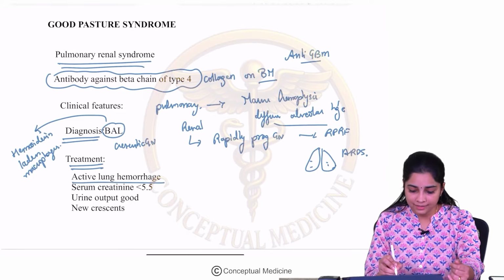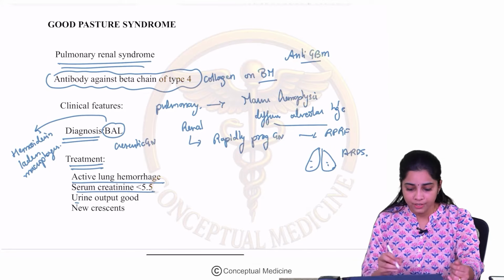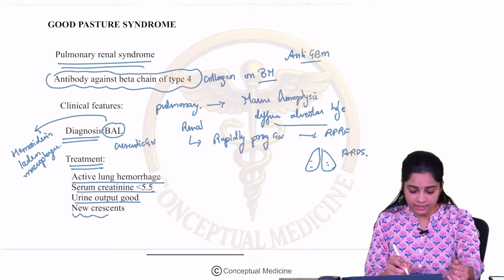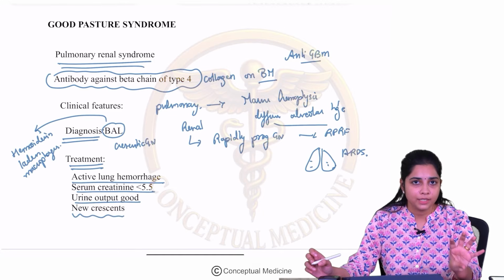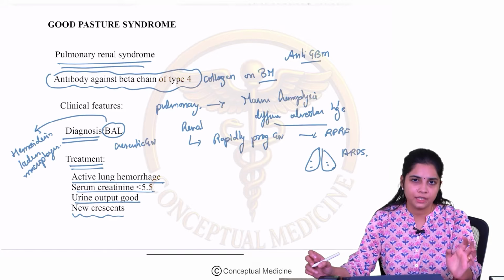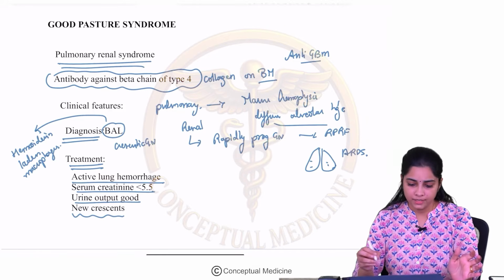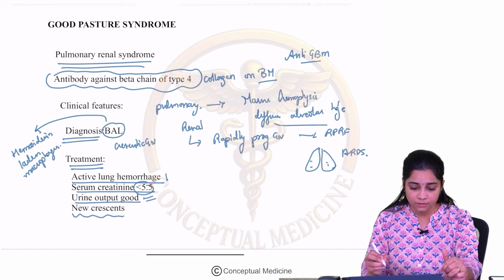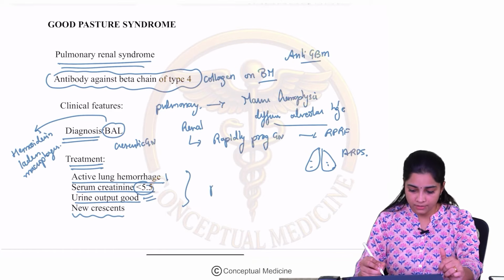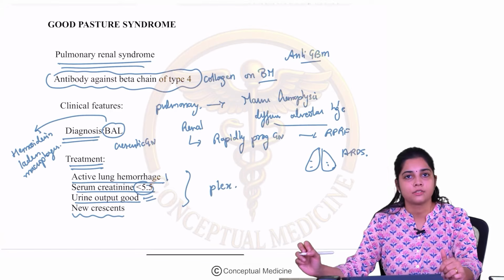If there is active lung hemorrhage, the serum creatinine is less than 5.5, urine output is good and there is continuous crescent formation, that means you can still salvage the kidney. If the kidney and lungs are still salvageable, where there is active lung hemorrhage but the creatinine is still less than 5.5 and the urine output is maintained, then you can try plasma exchange.